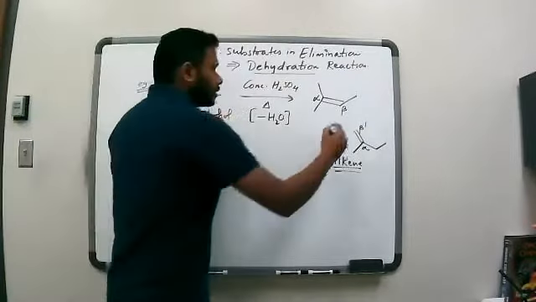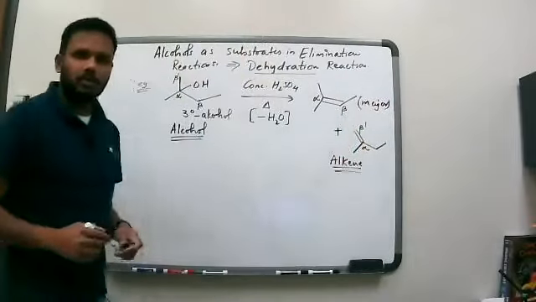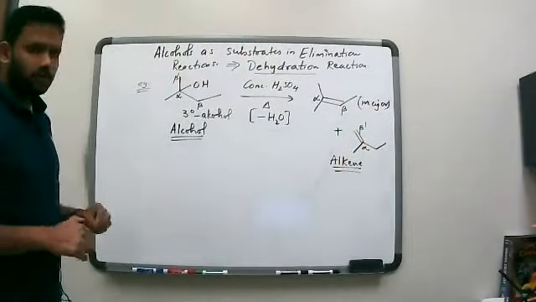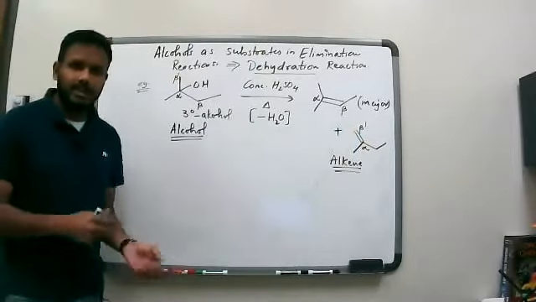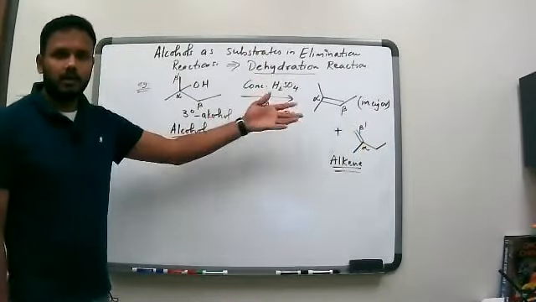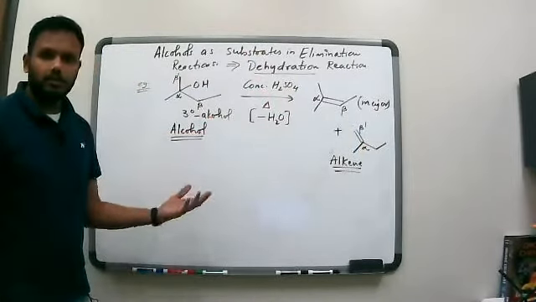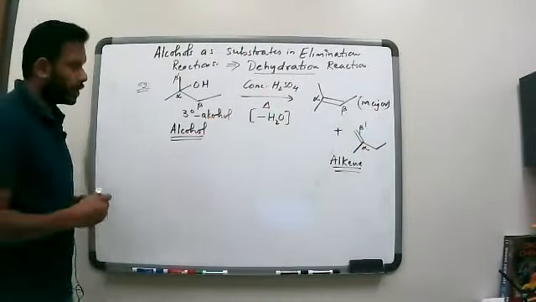The major product here is the more substituted alkene, similar to E2 reactions when we are doing a Zaitsev elimination. So the major product is the higher substituted alkene. Okay, so now we'll look at the mechanism of this reaction.